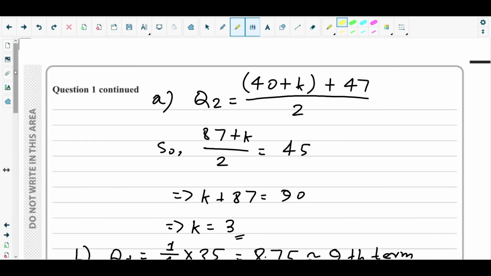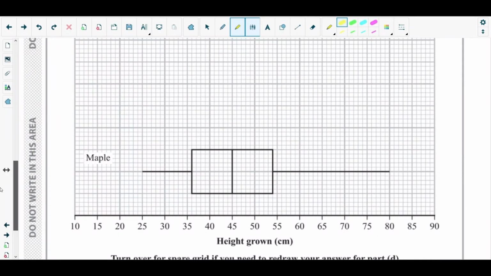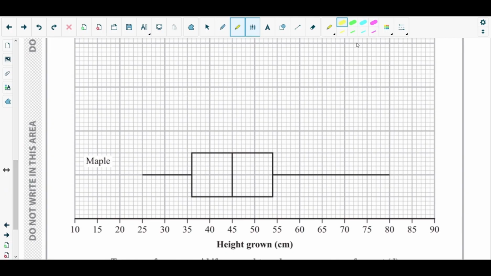The grid is given here, so the box plot starts from 28. This is the starting value.